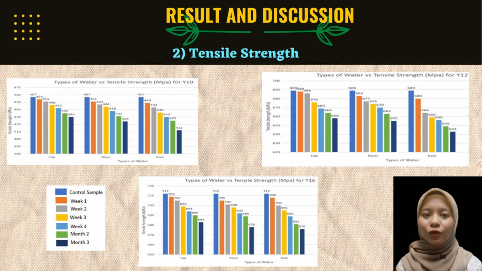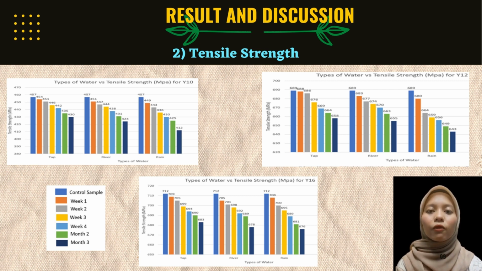There are two factors that we can conclude for tensile strength. Firstly, the amount of water absorption in the steel reinforcement for 1 week is less, so we can see the tensile strength value for a duration of 1 week is less than for other durations.